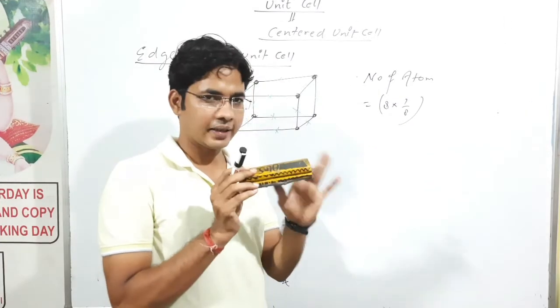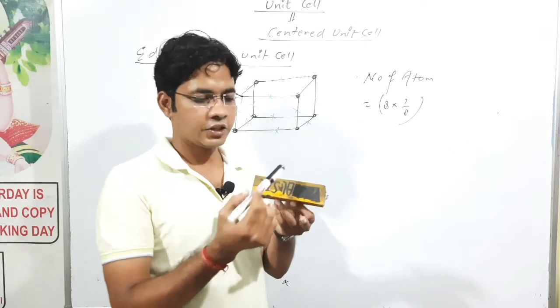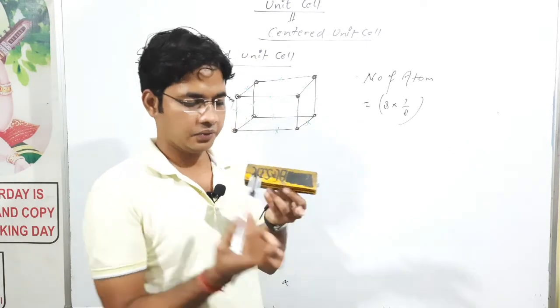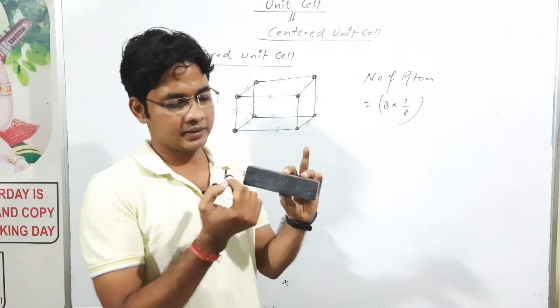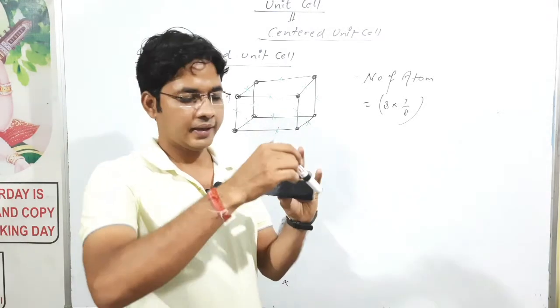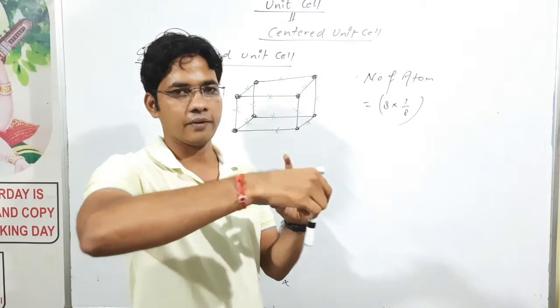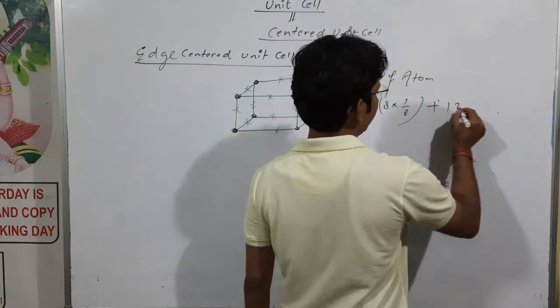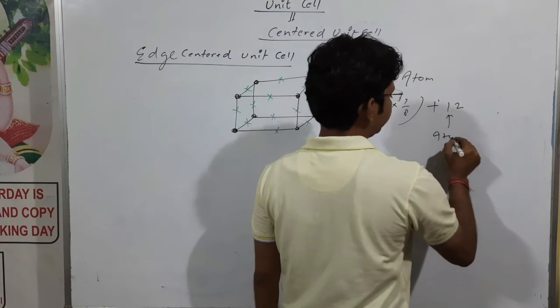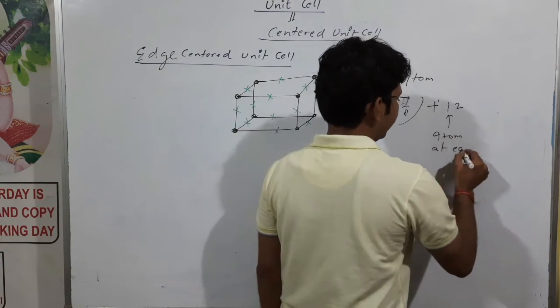Count again in this unit cell: 1 edge, 2 edges, third, fourth, similarly 5th, 6th, 7th, 8th, 9, 10, 11, 12. So how many edges do we have? There are 12 edges.